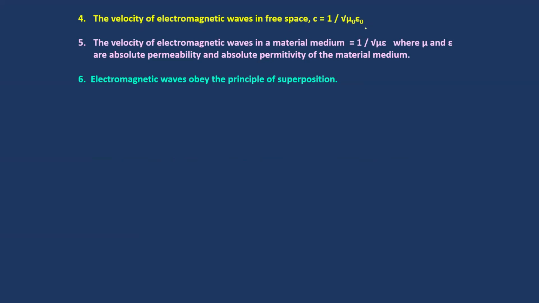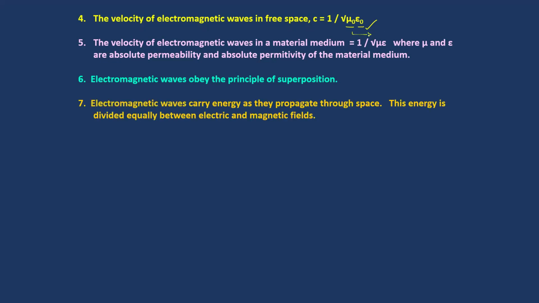It's known that the electromagnetic wave speed can be calculated using the formula 1 divided by the square root of mu naught times epsilon naught, where mu naught represents the permeability and epsilon naught represents the permittivity. We studied all this in the previous chapters, right?